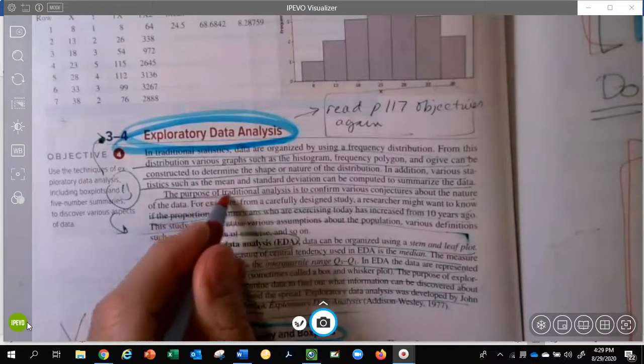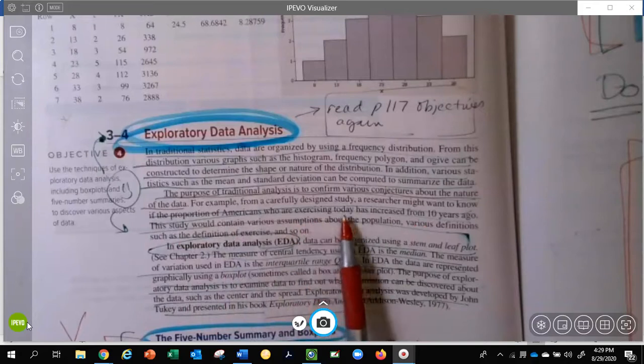Frequency polygon, and ogive can be constructed to determine the shape or nature of the distribution. In addition, various statistics such as the mean and standard deviation can be computed to summarize the data. The purpose of traditional analysis is to confirm various conjectures about the nature of the data. That would be a great thing to put on a card, underline, highlight, think on deeply.